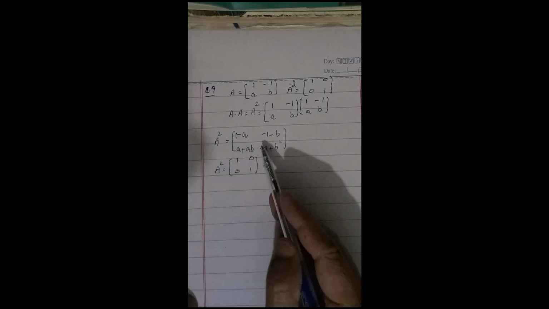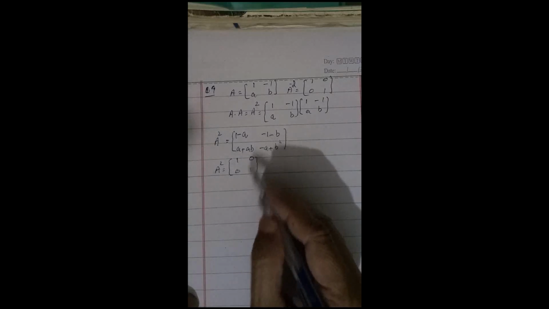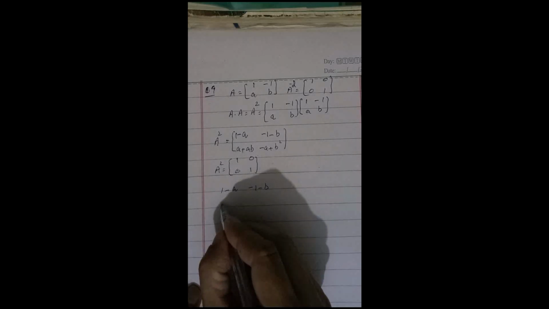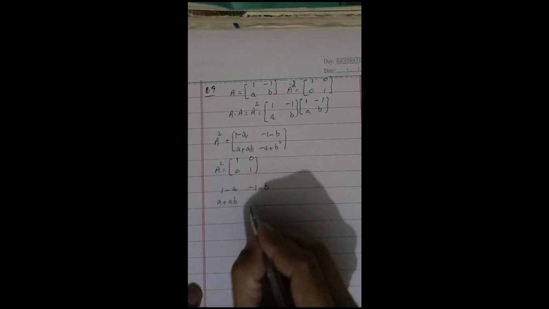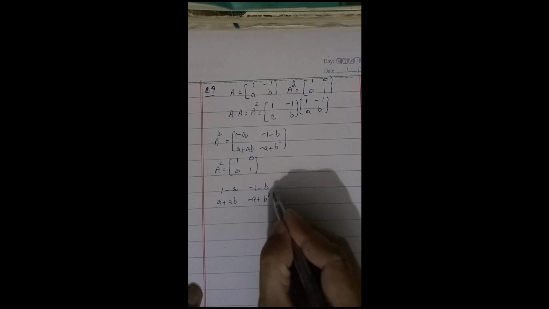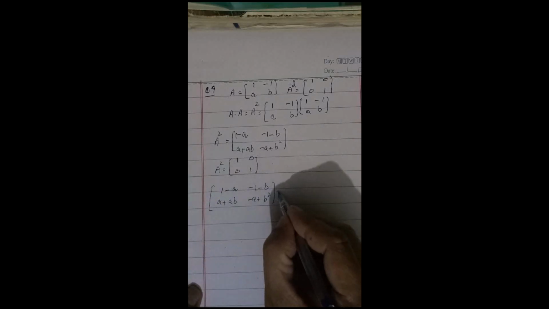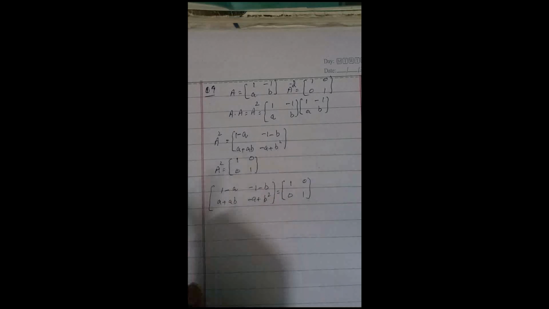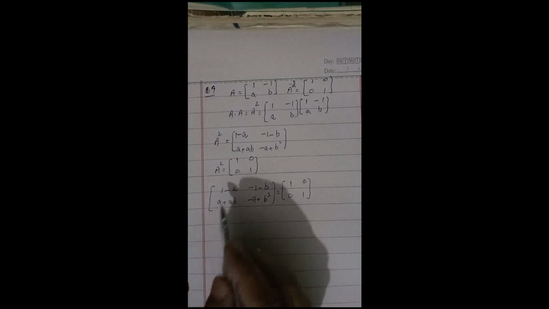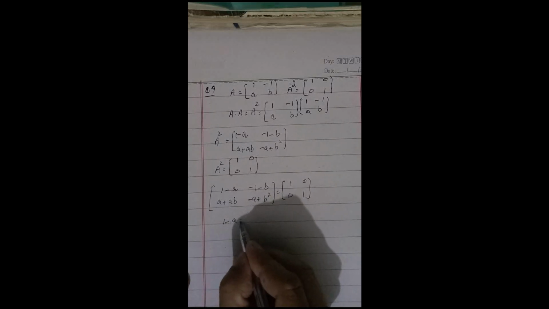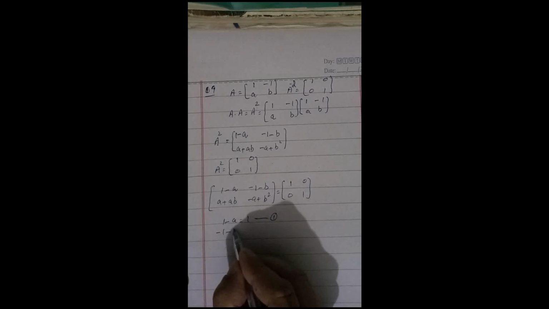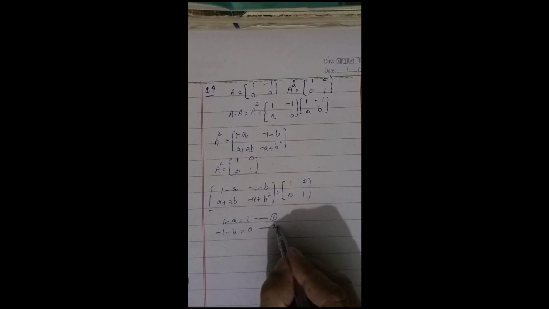A square is equal to A square, so the two matrices are equal: [1 minus a, minus 1 minus b; a plus ab, minus a plus b square] is equal to [1, 0; 0, 1]. And when two matrices are equal, their corresponding elements are also equal. So 1 minus a is equal to 1, which is equation 1, and second, minus 1 minus b is equal to 0, and it is equation 2.